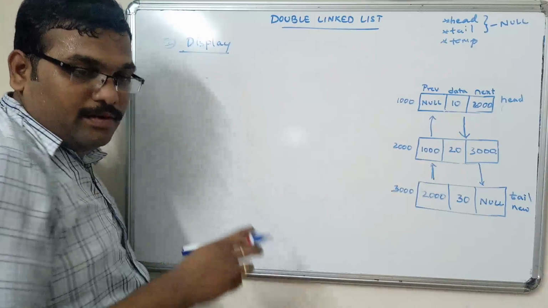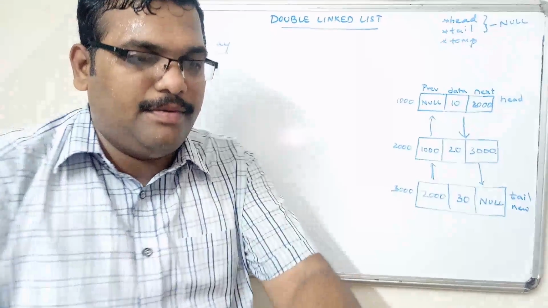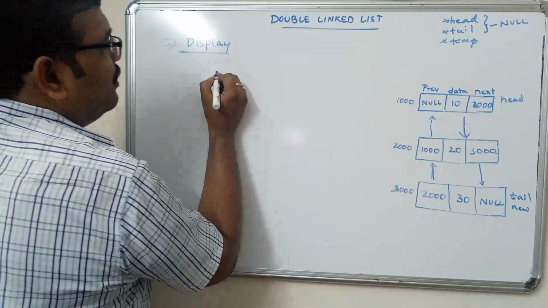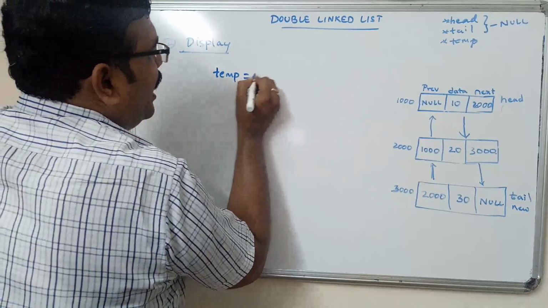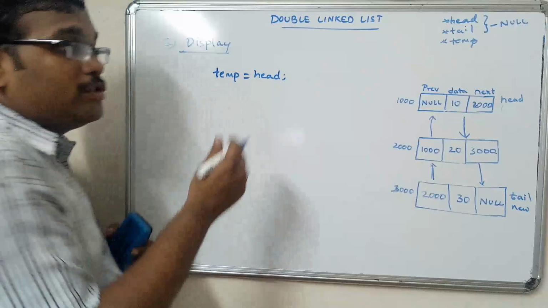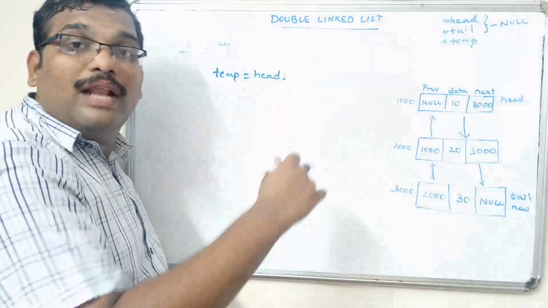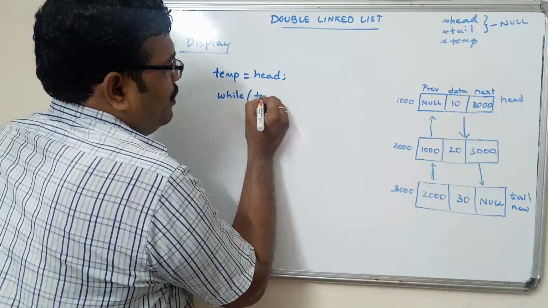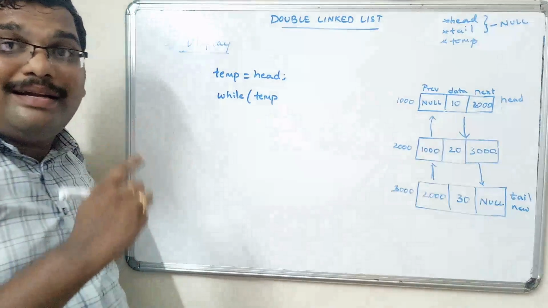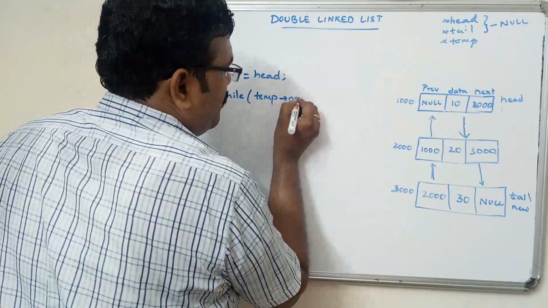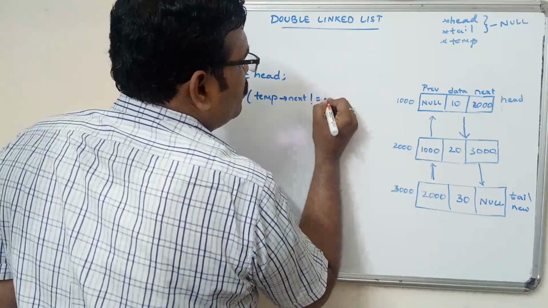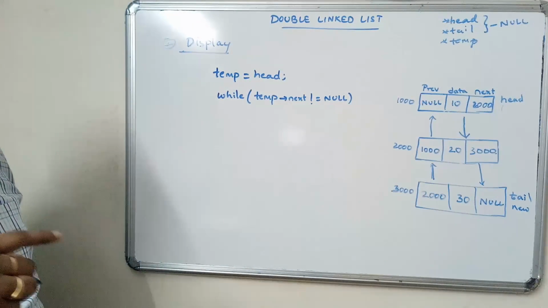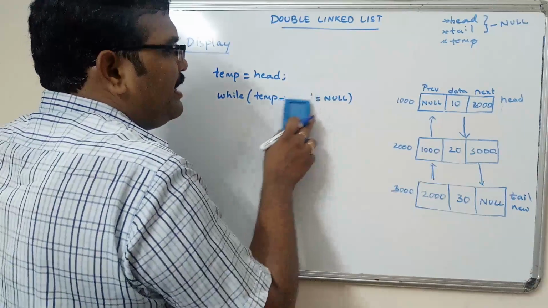So first, just assign head to temp, because we have to travel from the first node to the last node. So while temp of next not equal to null, or simply we can write temp not equal to null.